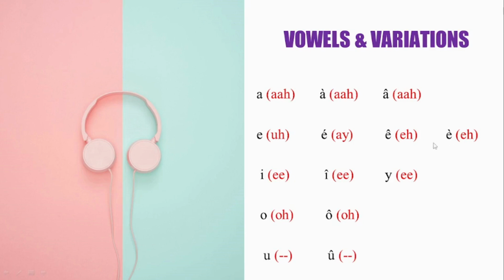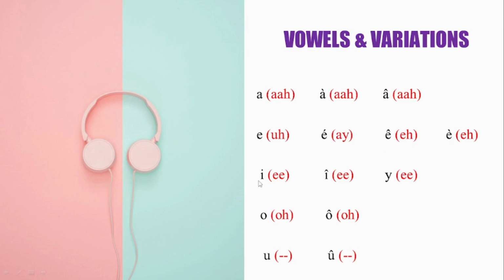Then here we have I, which is pronounced E, and there is an accent circumflex on this I, and it's still pronounced E. Only with the E's, when there is an accent, do they change the sound of the word.